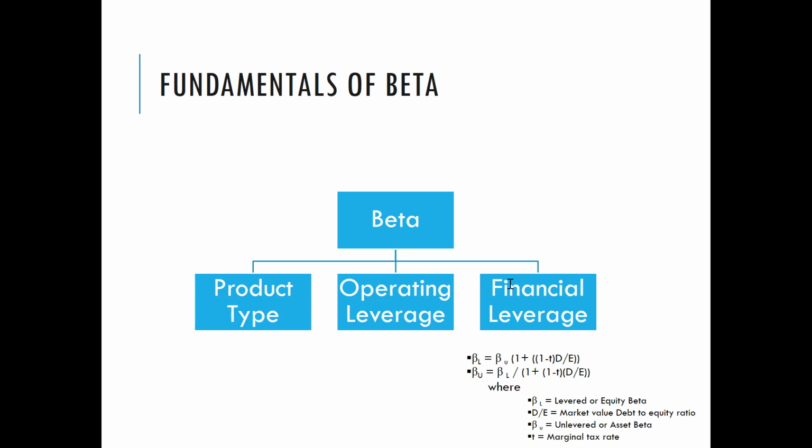But if you just want to know the relative risk associated with being in this particular industry, and not the relative risk given a certain capital structure, then you first need to unlever it to remove the effect of financial leverage, and you basically only have the two remaining issues that affect it.